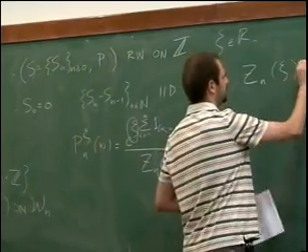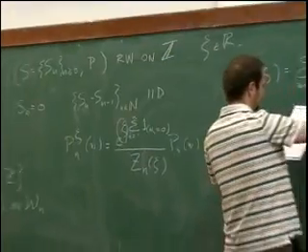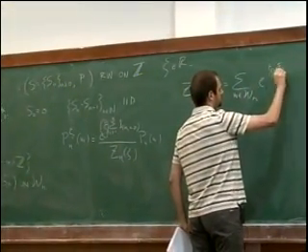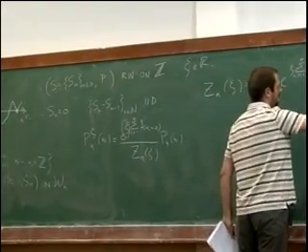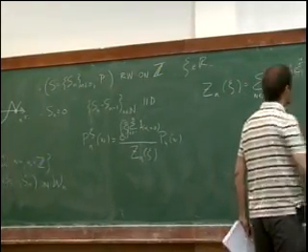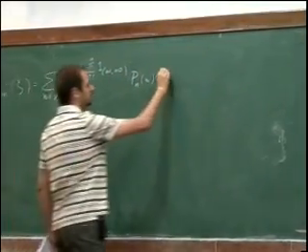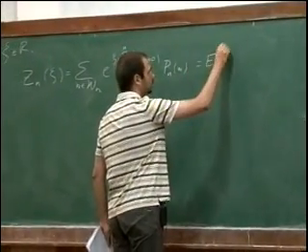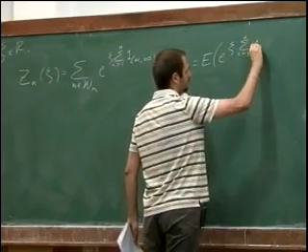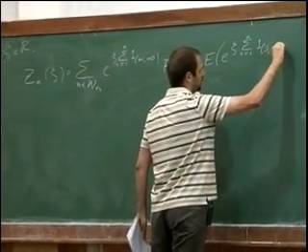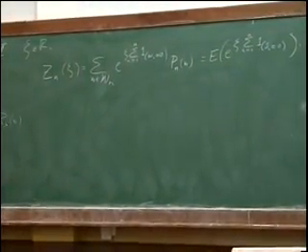I recall this is just, we have to normalize, so we have this sum times the probability of the trajectory, and just rewriting this by definition is nothing but the expectation under the random walk of the number of times the random walk hits 0 until time n. So this is our constant.